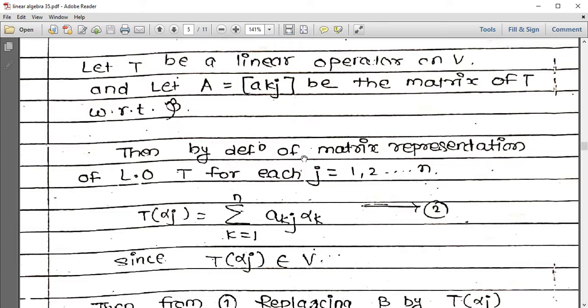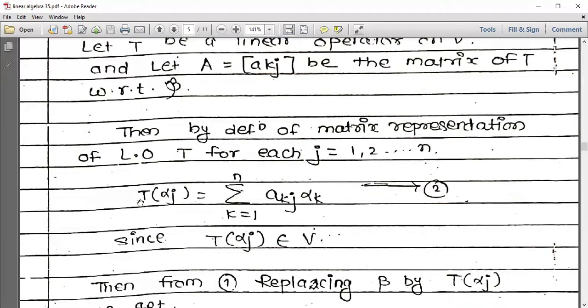Then, by definition of matrix representation of linear operator T, for each j is equal to 1 up to n, we can write T of alpha j is equal to summation k is equal to 1 to n, A kj into alpha k.